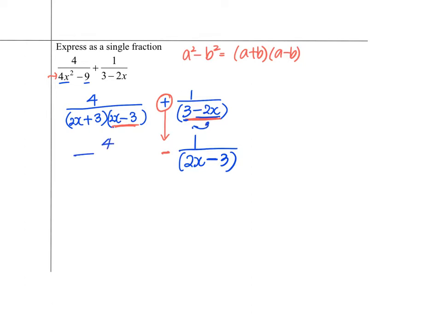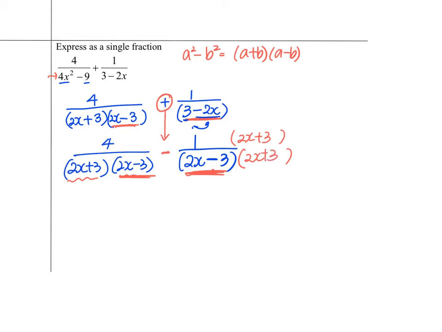So I multiply by a negative and I change the position. So this is 4 over 2x plus 3, 2x minus 3. Now looking at this, I have two denominators. This one over here, 2x minus 3, is the same. So I'll need to multiply one more factor, which is 2x plus 3. Bear in mind, this is a minus sign. So when we put them together in one single fraction, remember to change sign.